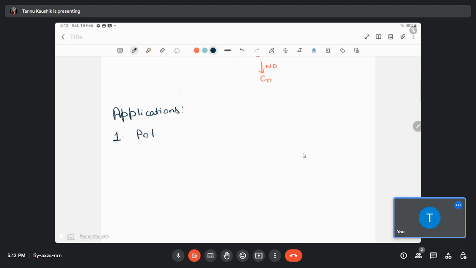which is first polarity. So I'm simply writing here the groups which have C1, CS, CN, CNV. These point groups have dipole moments.